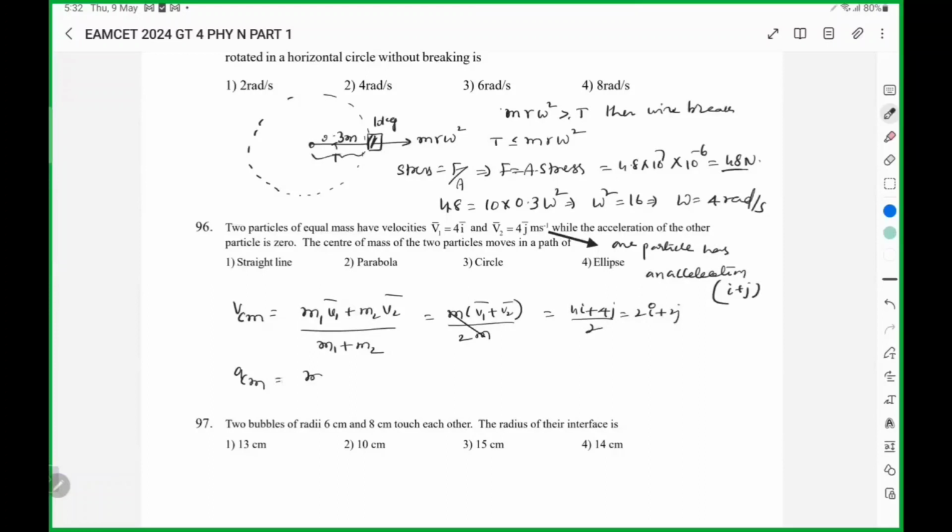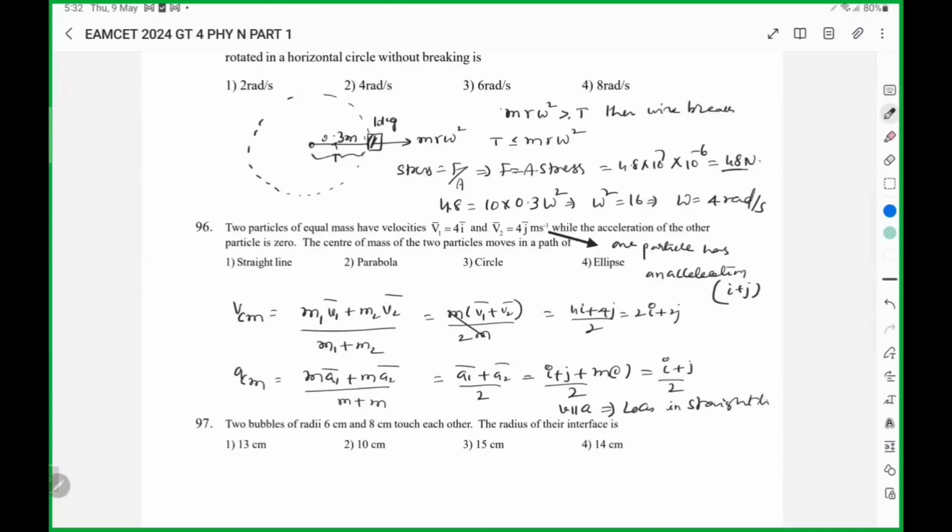Acceleration: m a1 bar plus m a2 bar by 2m. So we get a1 bar plus a2 bar by 2. One particle's acceleration is i plus j, the other is at rest, so i plus j by 2. Here velocity is parallel to acceleration. That means it moves in a straight line.